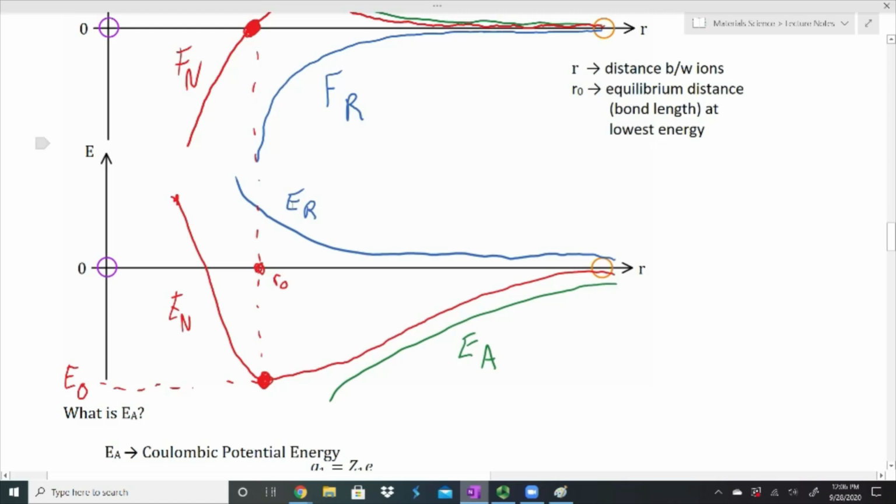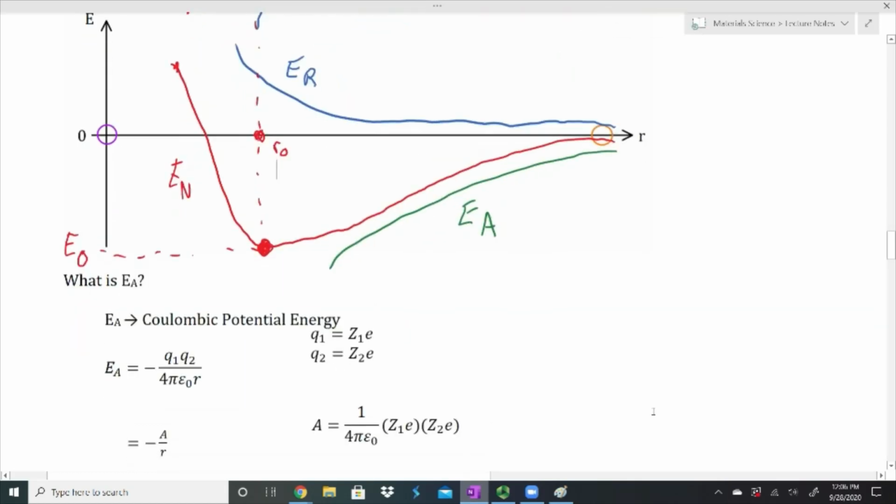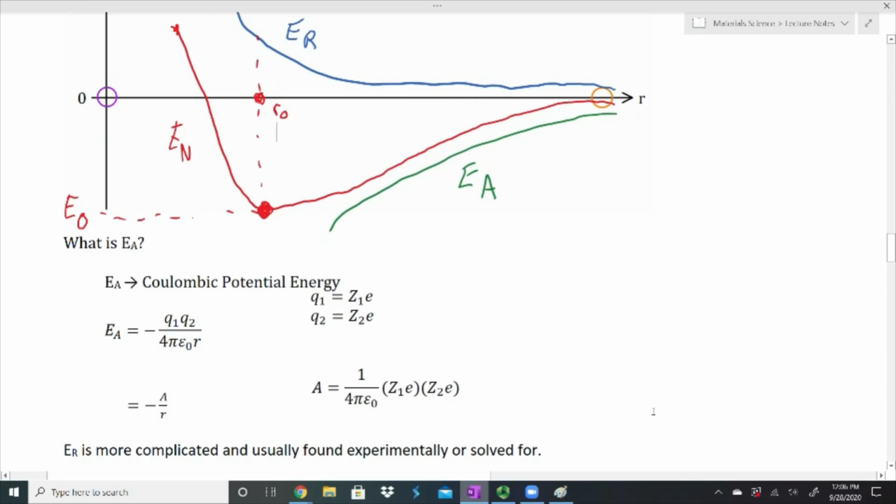But as they get closer and closer together, we're going to have to put in energy because they're going to want to repel each other. And so there's going to be a spot where everything is at a minimum energy, and that is going to be at R0.